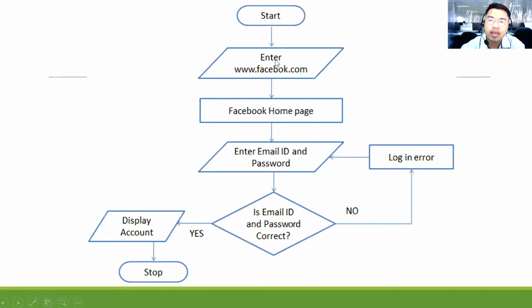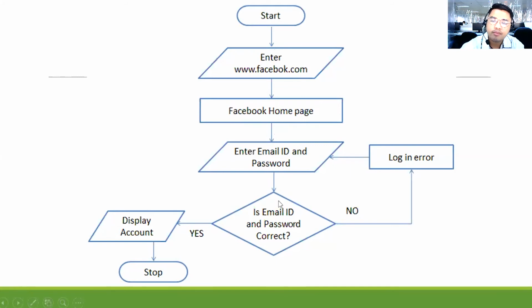Then we have the input, which is to enter www.facebook.com. Once you input www.facebook.com, it processes to the Facebook homepage. Then, once the Facebook homepage is processed, you will input your email address and your password.